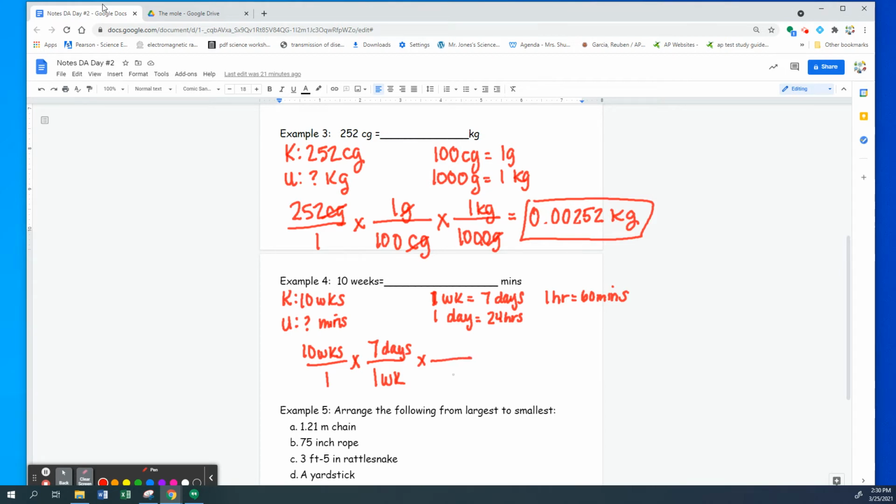Days is on top, so I'm going to start my next conversion factor with 1 day on the bottom. The other end of the conversion factor is the 24 hours. Finally, I'm going to go from 1 hour to 60 minutes.